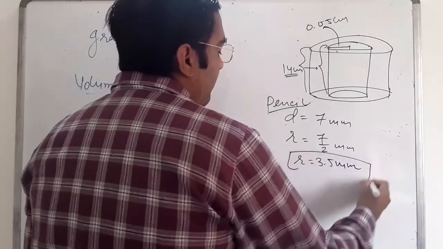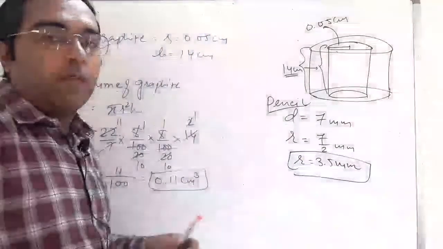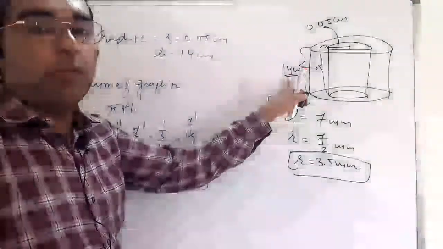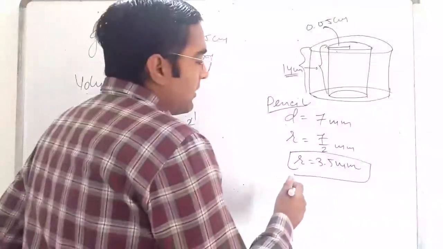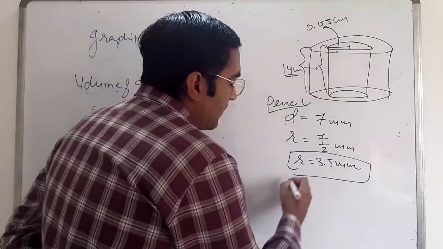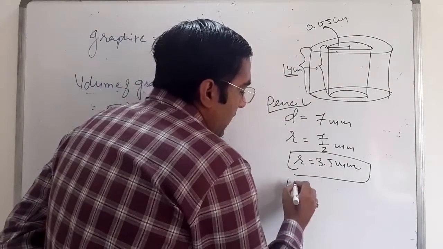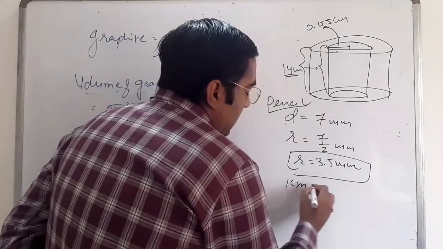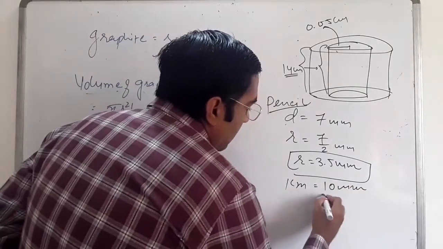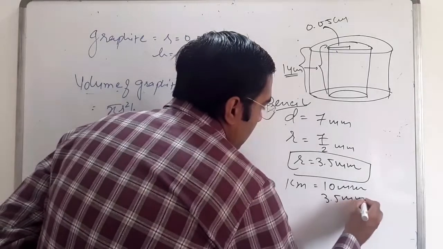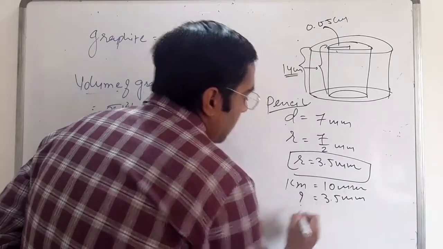Now I have to convert this mm into centimeter, because my height is given in centimeter, so that's easy for me to find. As we know, 1 centimeter equals 10 mm, so 3.5 mm is equal to how much centimeter?